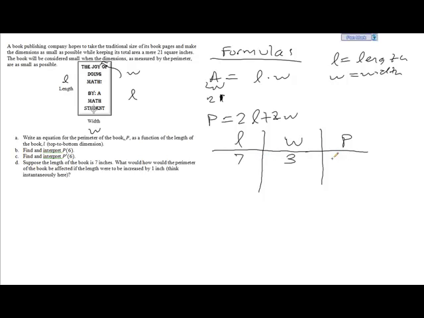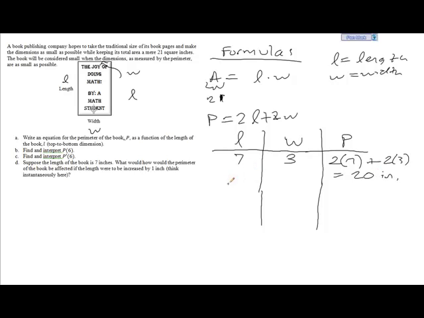So in that case, the perimeter would be twice 7 plus 2 times 3, which would give us 14 plus 6, which is 20 inches of total material of distance around the book. So basically this book would be a fairly small book. However, it may not be the smallest book I can create.